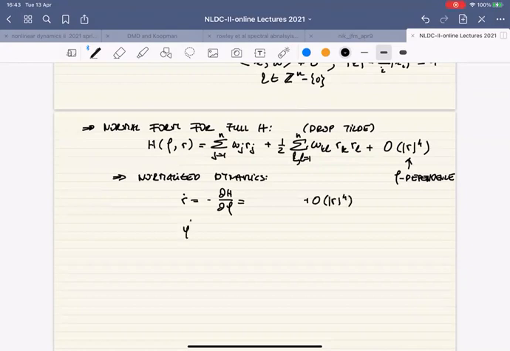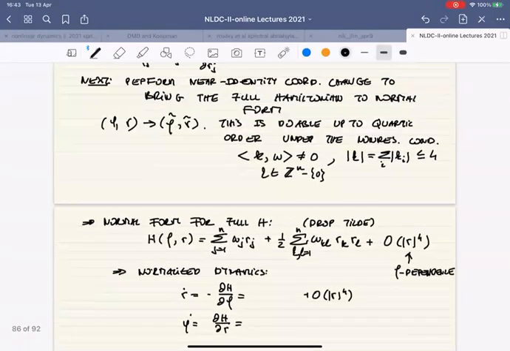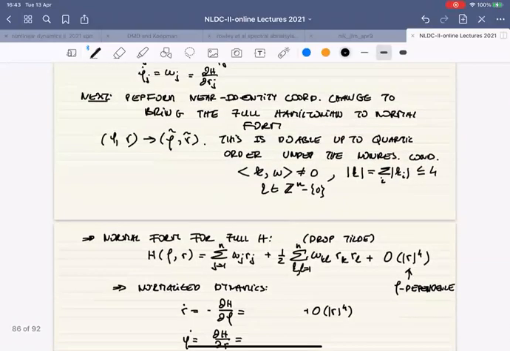The phi dot, which is the partial of H with respect to R, and I should have J indices here. Well, understand these as vectors. Then what is that? Well, here's my Hamiltonian. If you think of R as a vector and omega as a vector, then what you see here is R dot omega.